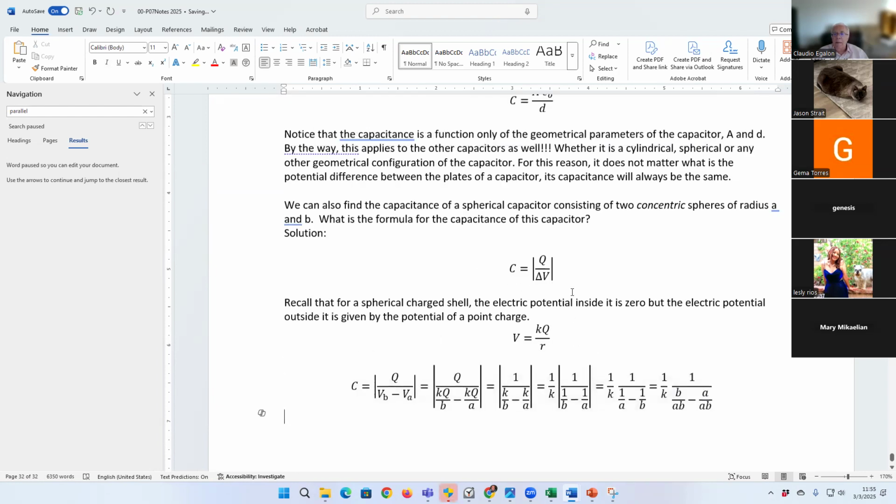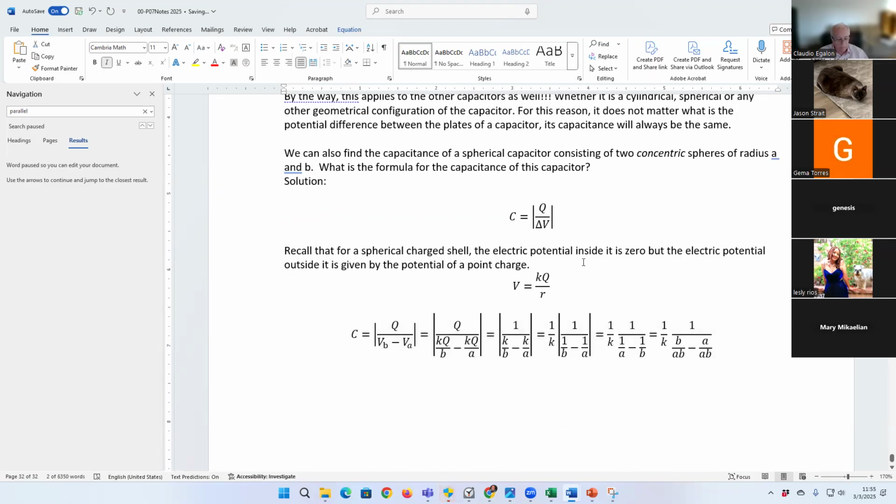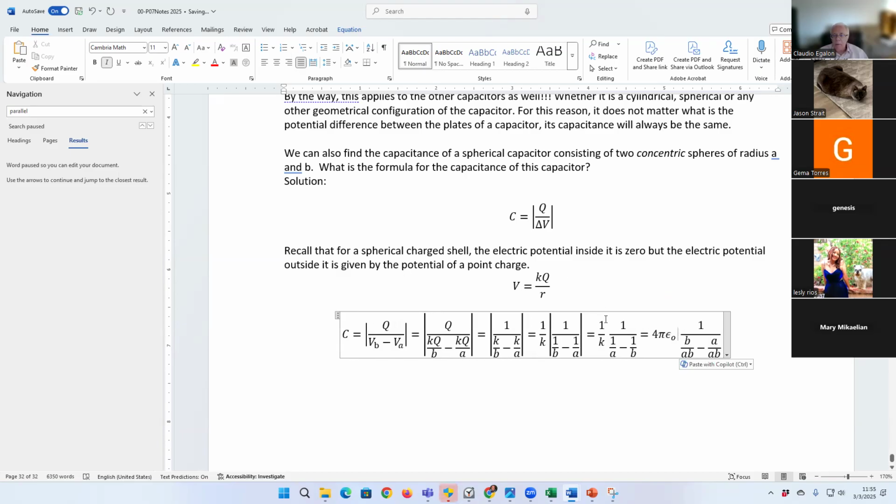Okay, we can write that in terms of 4 pi epsilon naught. Let's do that. 1 over k is equal to 4 pi epsilon naught.